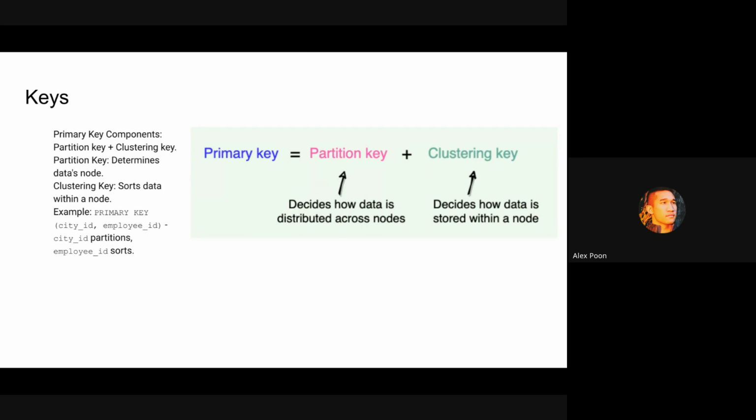This primary key has two parts represented by the two columns. City ID is the partition key. This means that the data will be partitioned by the city ID field. That is, all rows within the same city ID will reside on the same node. Employee ID is a clustering key. This means that within each node, the data is stored in sorted order according to the employee ID column.